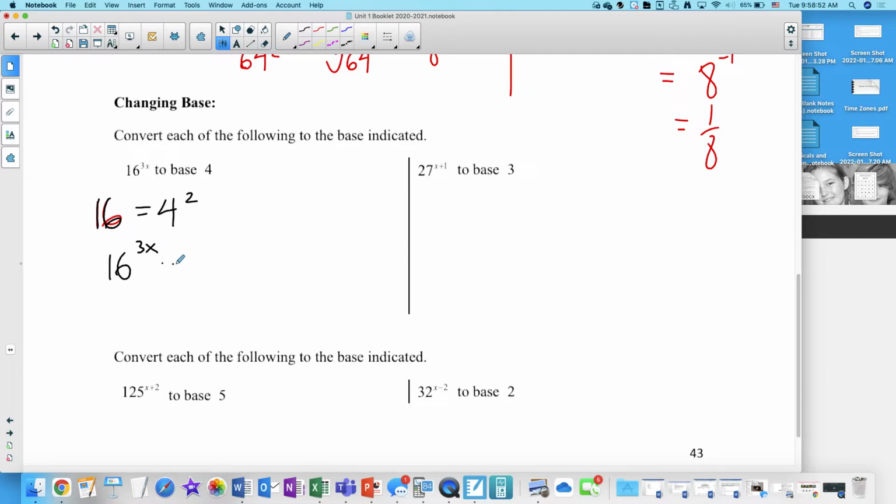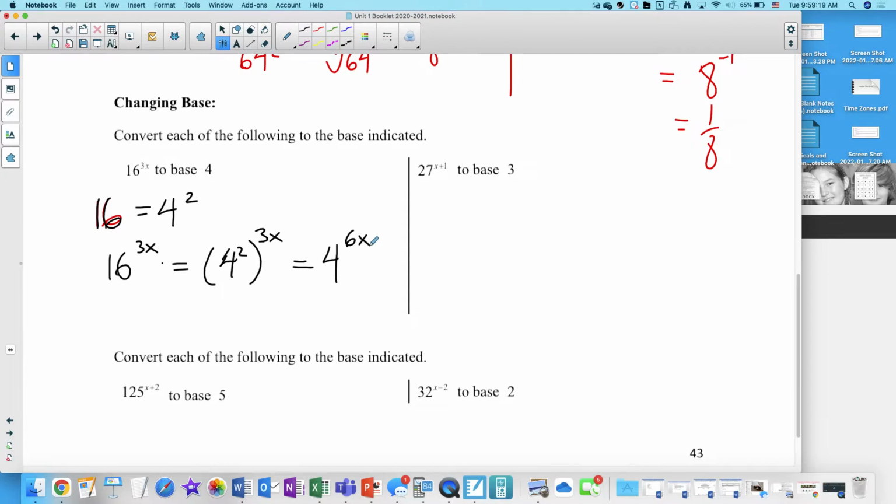Okay? Now, here I have a power. I'm raising it to another power. What do I do with those exponents? Multiply, exactly. So this is going to become 4 to the 6x. This is called a change of base. And this is very frequently a step that's involved in solving an exponential equation.